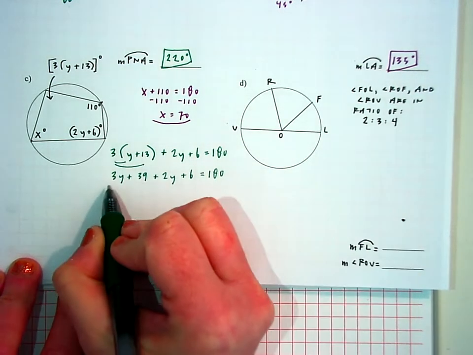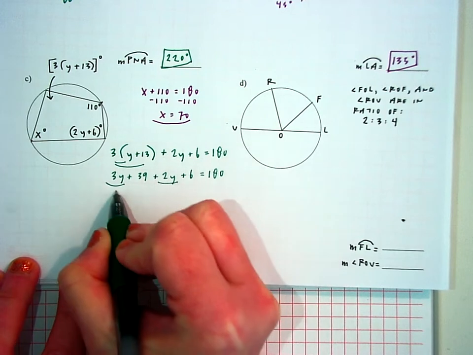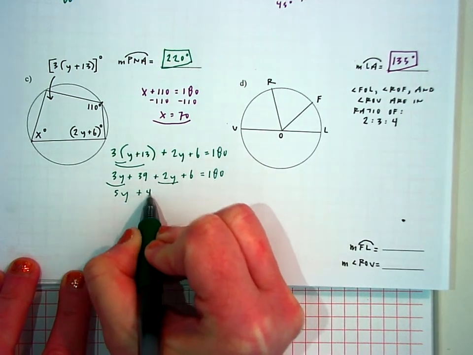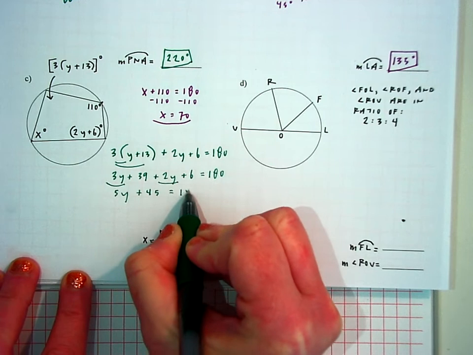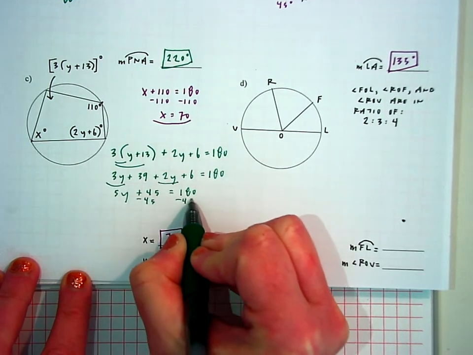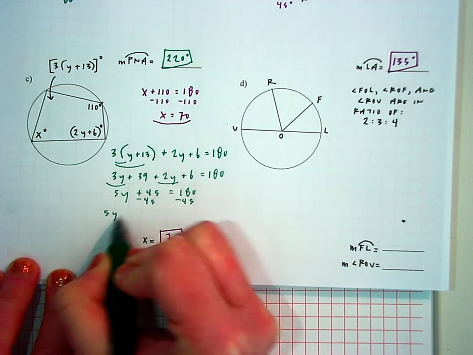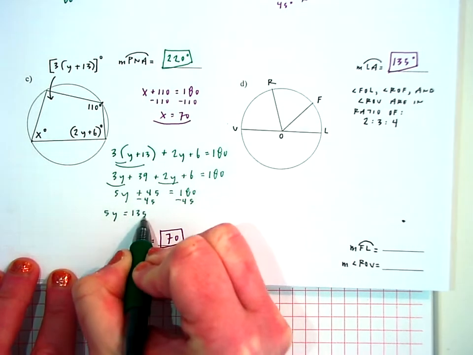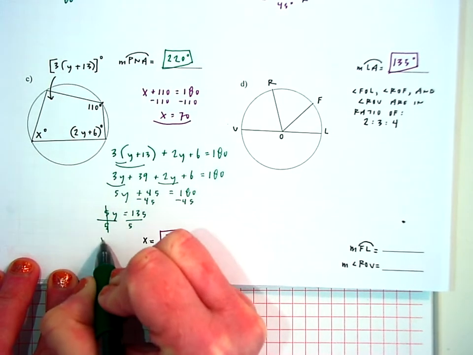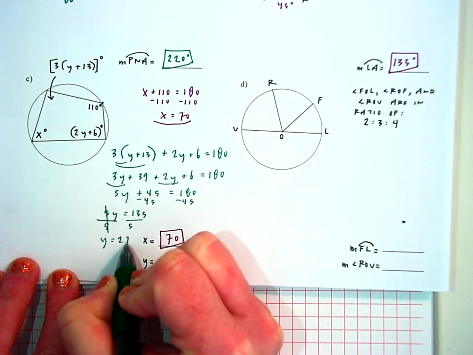Combine those like terms, so the 3y and the 2y get me 5y. The 39 and the 6 get me to 45, all equal to 180. Take away the 45, so I have 5y equals 135. Divide each side by 5, and we get that y is 27.